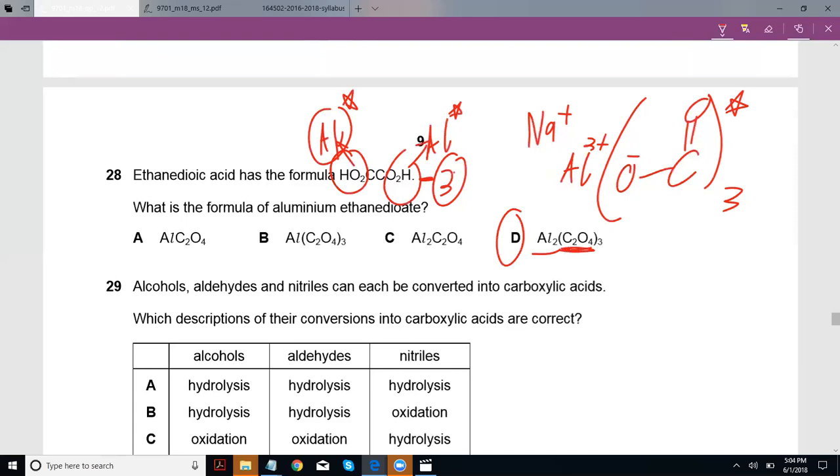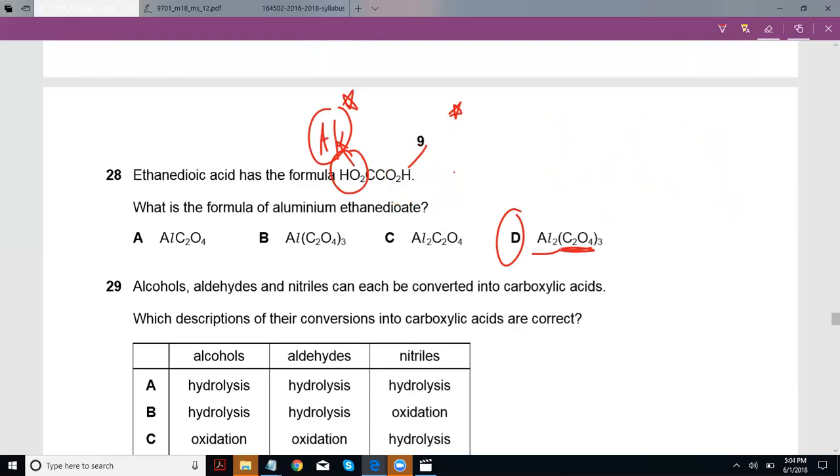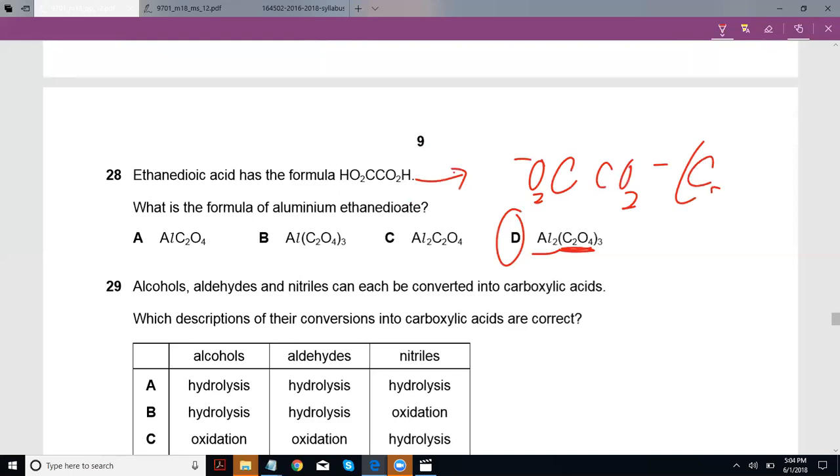Another way to look at this, in case you didn't understand this explanation, that's completely fine. I can explain this another way. Perhaps that'll be a little simpler way to look at it. What is the ion? The ion is this: negative, negative. You can also write the ion in terms of this. That's the molecular formula, right?